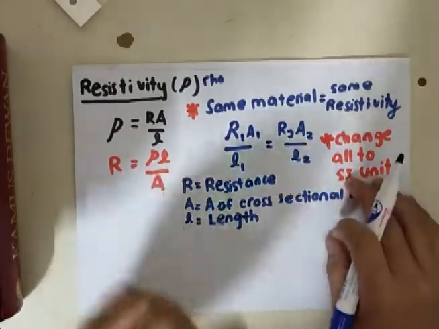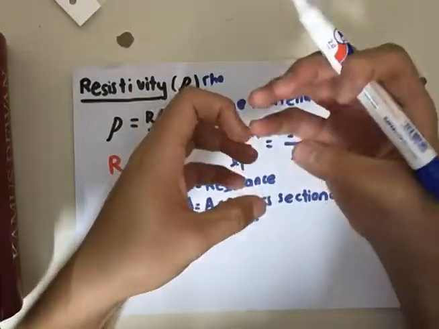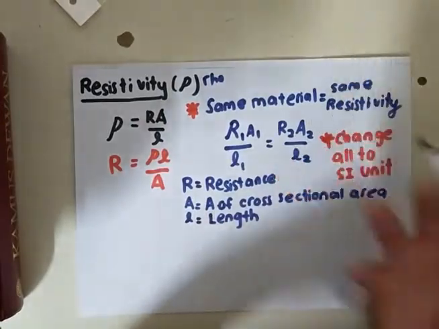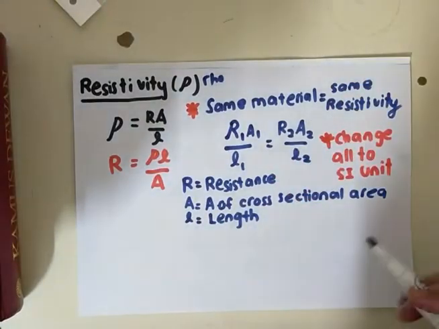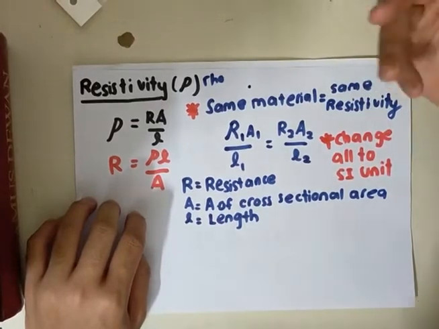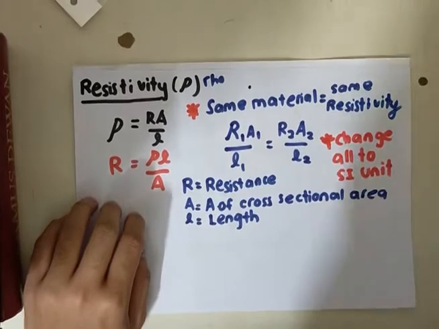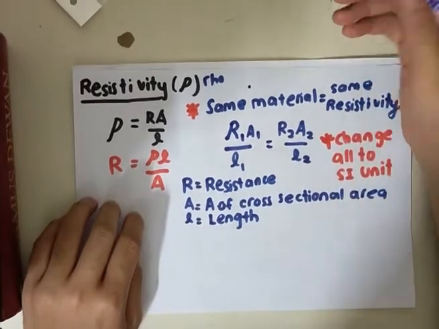Resistivity is like how much the material resists the movement of charge. You have to understand the concept behind same material: it means they have the same resistivity. Let's say you have a copper and a copper, they will have the same resistivity.